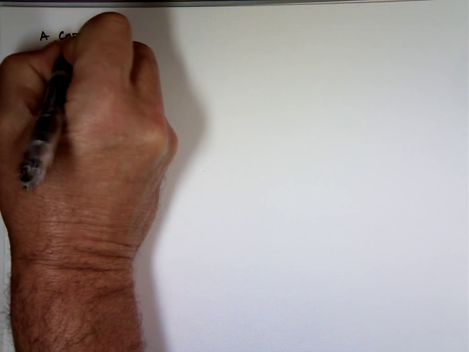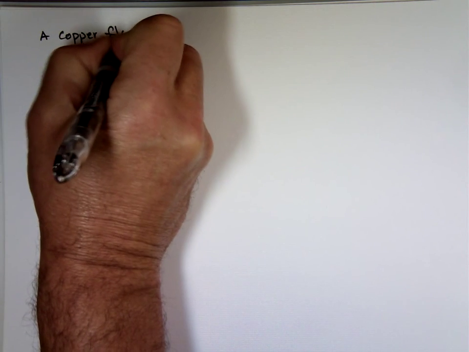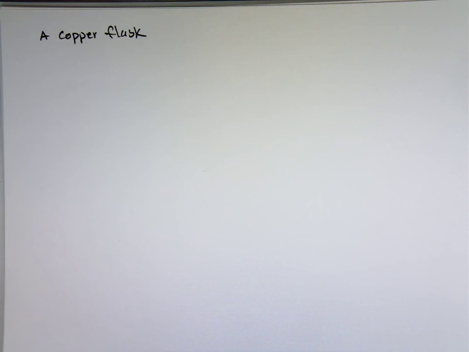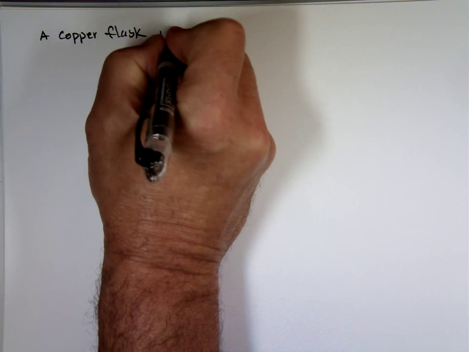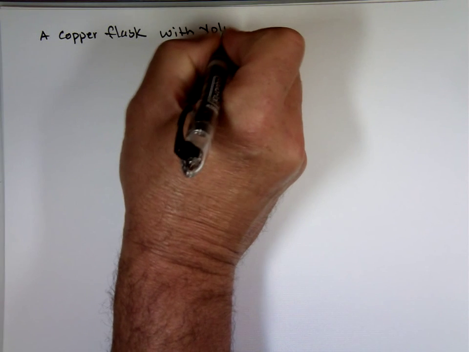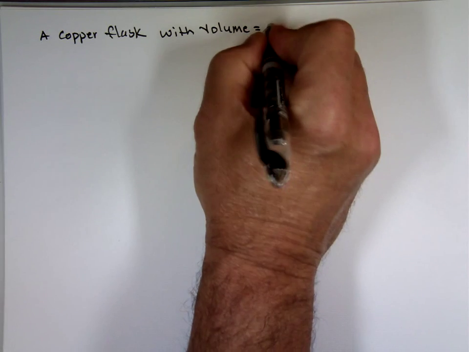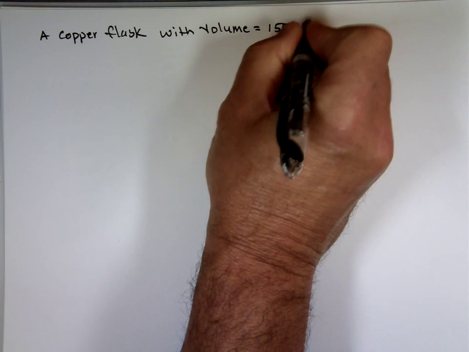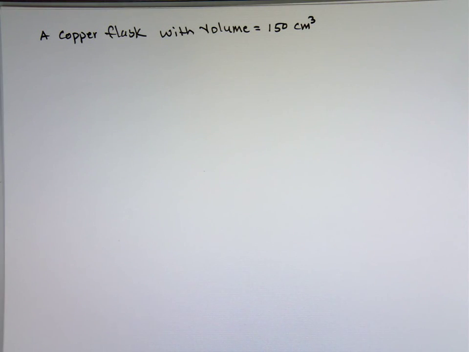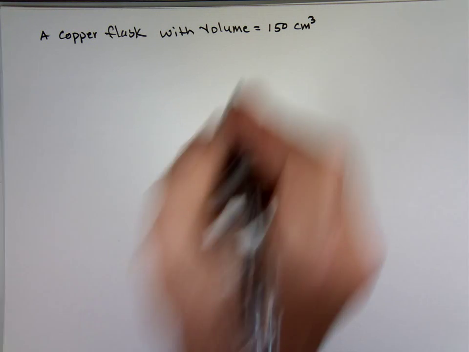We have a flask made out of copper. So, a copper flask with a volume of 150 cubic centimeters, and it is filled to the brim.